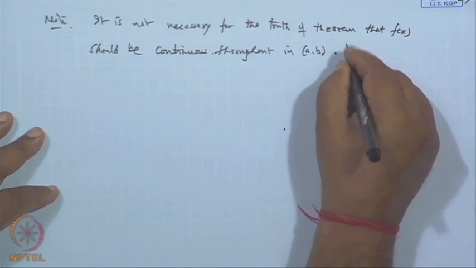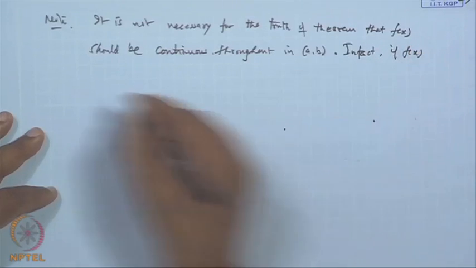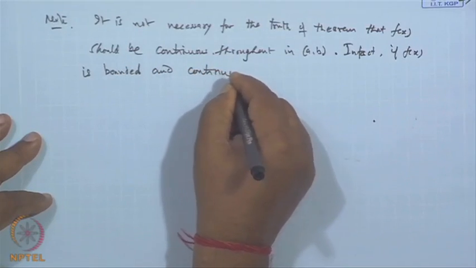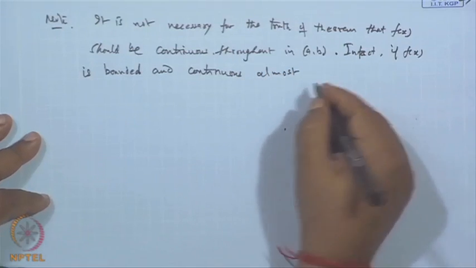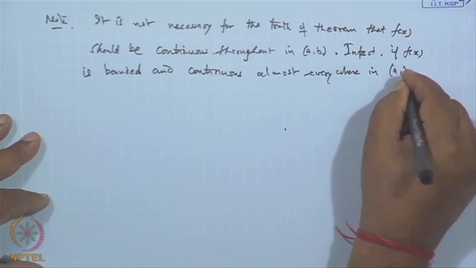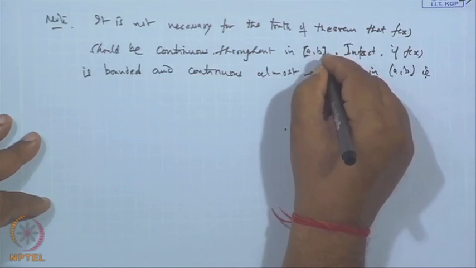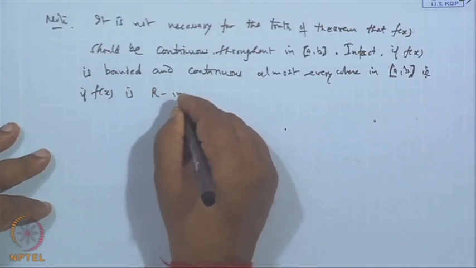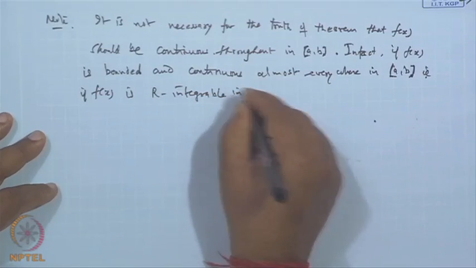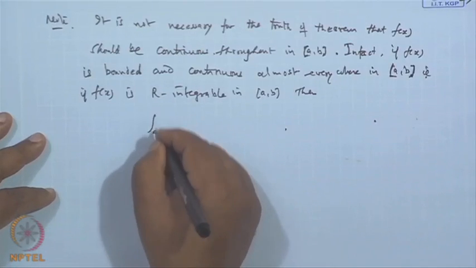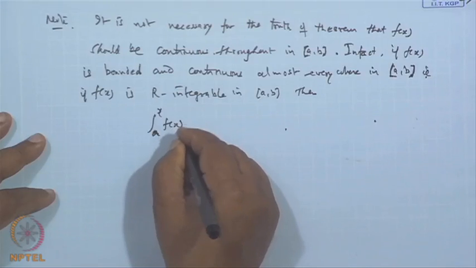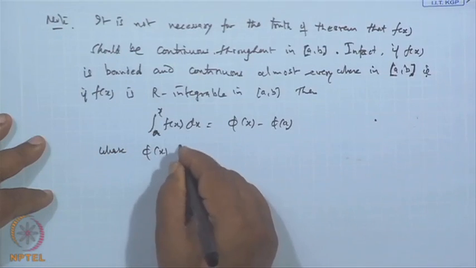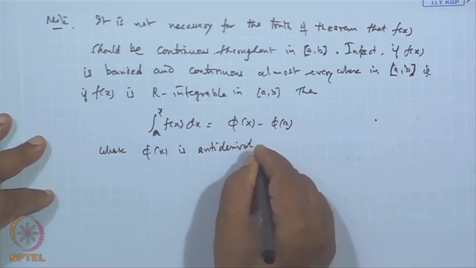In fact, if the function f x is bounded and continuous almost everywhere in the closed interval a b, that is, if f x is a Riemann integrable function in the closed interval a b, then the integral from a to x of f x dx is nothing but phi x minus phi a, where phi x is the primitive, the antiderivative, of f x.